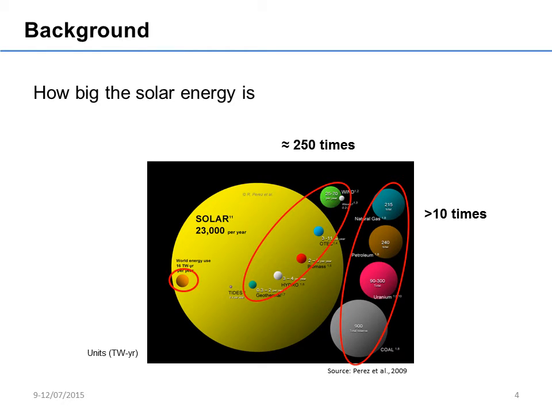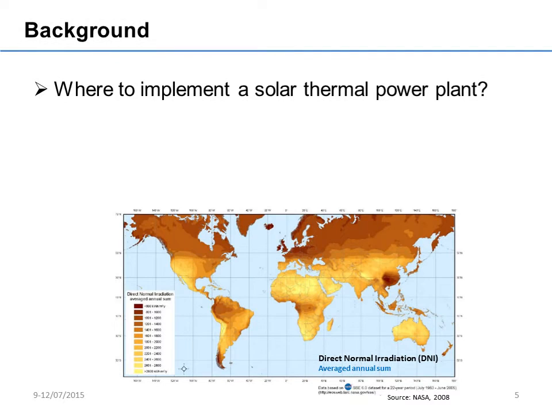If we compare solar energy with the world energy consumption during 2009, we will find that solar energy is about 1500 times larger. So, as we have seen, solar energy is a huge source of energy.